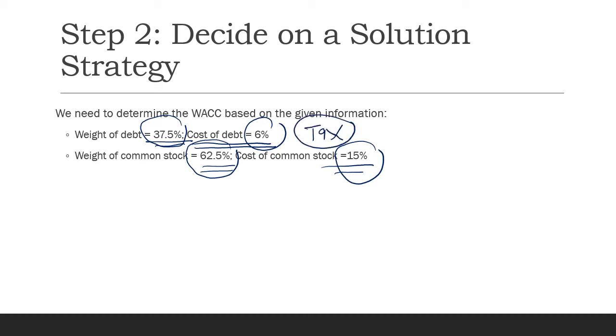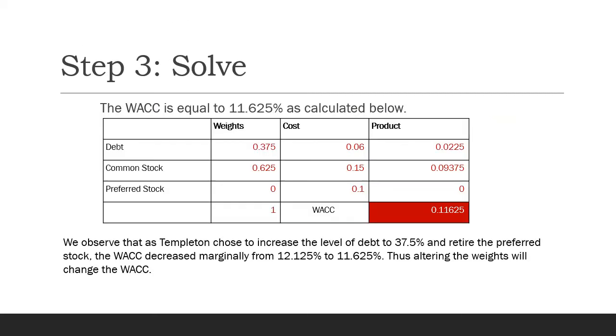Furthermore, there's no information on the tax. If there is a tax, say 30% for example, the cost of debt should be 6 multiplied by 1 minus 0.3. But in this example, adapted from the books, I believe there's no information on the tax.